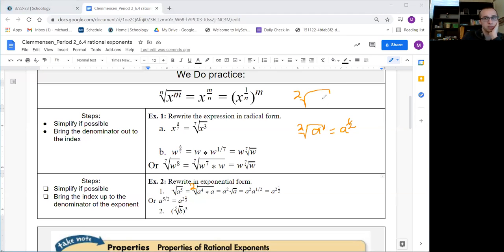And then if we have something like a right up here, we have an invisible exponent that we don't actually write down of 1. So that's where that 1/2 comes from. Just like over here, when we had that w right here, turns to a w right there, there's an invisible 1 up there. There's always that invisible 1 if we don't have anything. Does anybody have any questions more on that 1/2 part right here? Anybody confused on where that comes from?